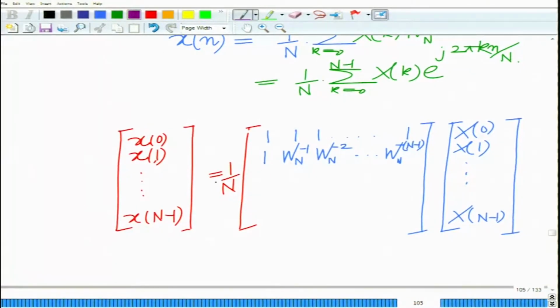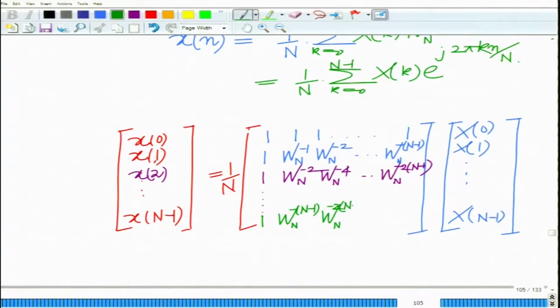Similarly, small x2 will be 1 over N times 1 capital X0, W N minus 2 capital X1, W N minus 4 capital X2, up to W N minus 2(N minus 1) capital X N minus 1, and finally small x N minus 1 will be 1 over N times 1 capital X0, W N minus (N minus 1) capital X1, W N minus 2(N minus 1) capital X2 plus and so on, W N minus (N minus 1) squared times capital X N minus 1.